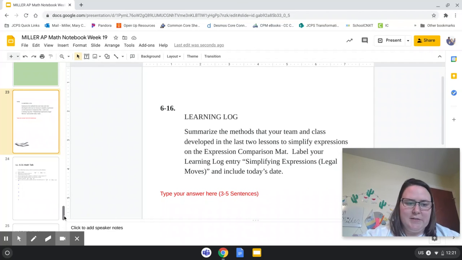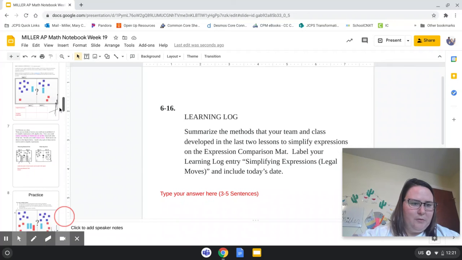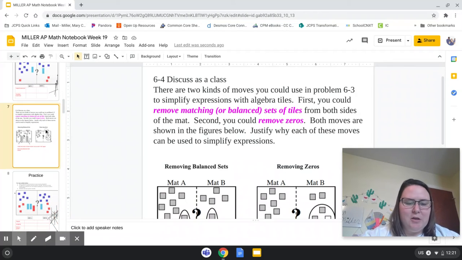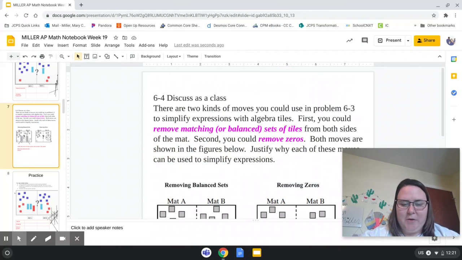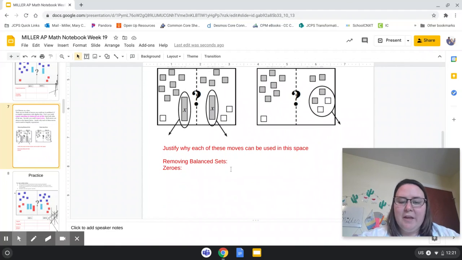Hint: look at slide 7 that we went over together. Hopefully you made those bold, italicized, whatever you have to do, because that's what I told you to do in class. Then your justification, we came up with together. That goes in your learning log, and then you are done.